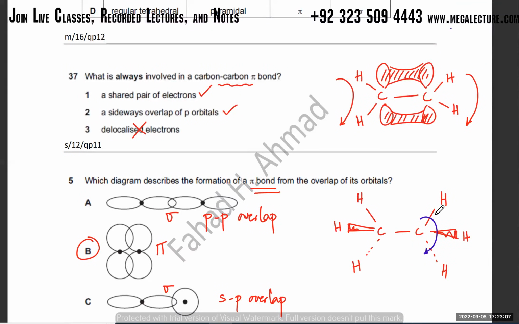I mean, you can rotate this side independently. जिस तरह वो fan घूम रहा होता है ना, ठीक है, like the fan is rotating round and round. So sigma bond में the rotation is not restricted.